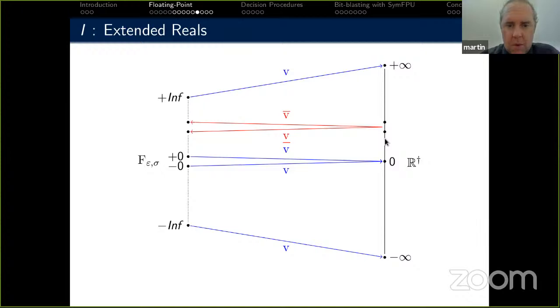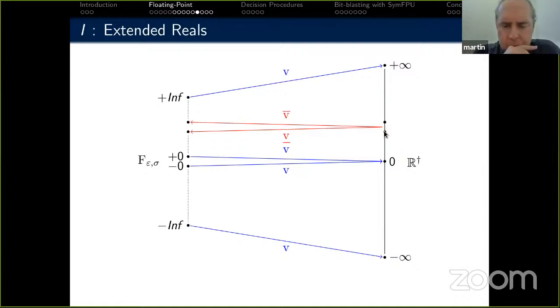Therefore, we've got a map V over bar and V under bar, which take an extended real and give you the smallest float that maps above it, or the largest float that maps beneath it.